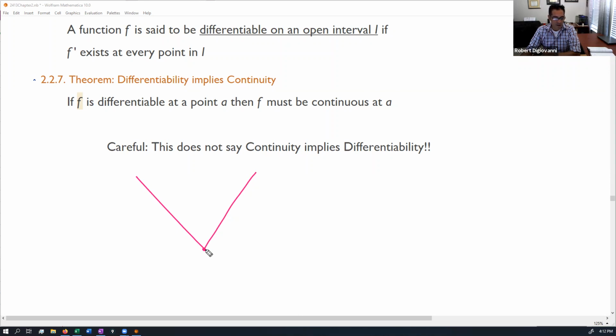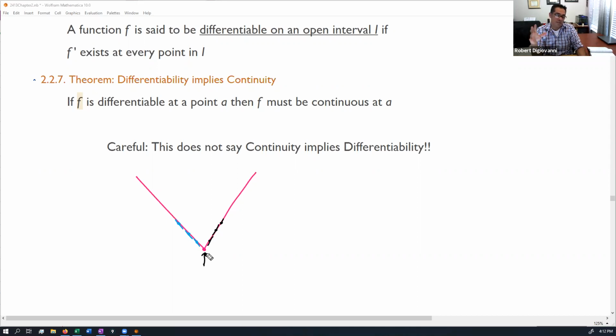When you come in from the left, the slopes of the tangent lines are all negative. Then on the right side, all the slopes of the tangent lines are positive. So at that corner, the derivatives switch from negative to positive very abruptly, and your derivative doesn't exist.